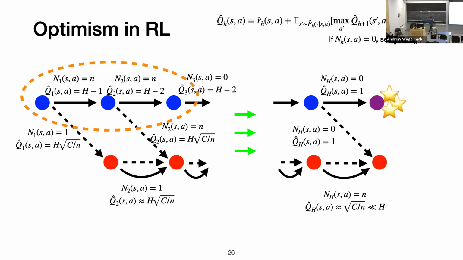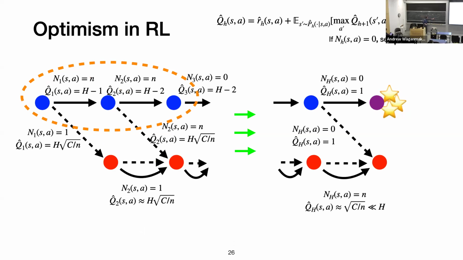What this means is that the Q function at the next step is going to be max over A prime of Q hat of 3. Let's say this state is S A prime.